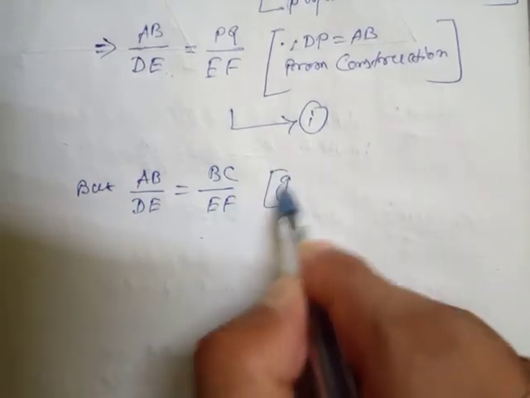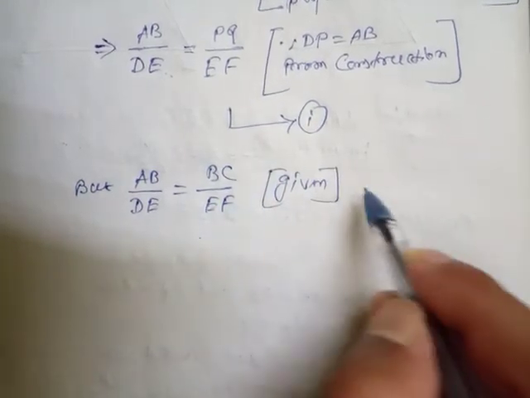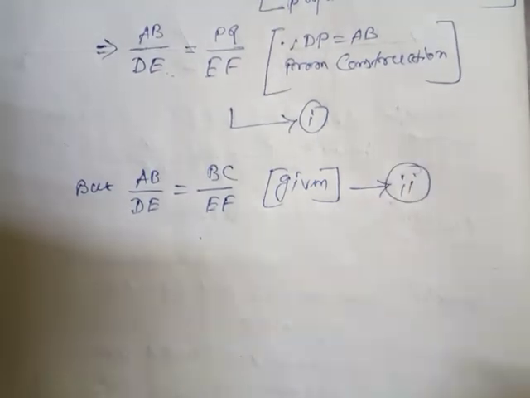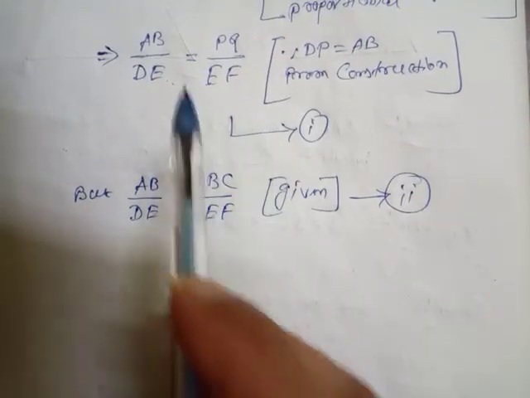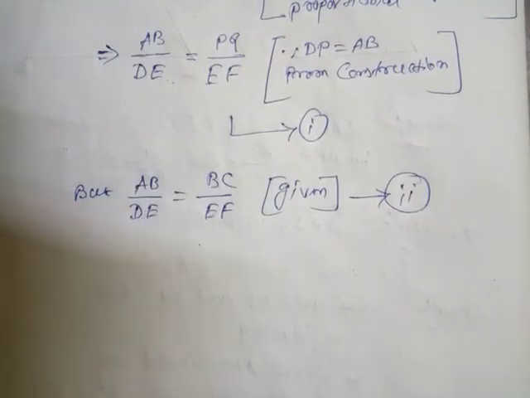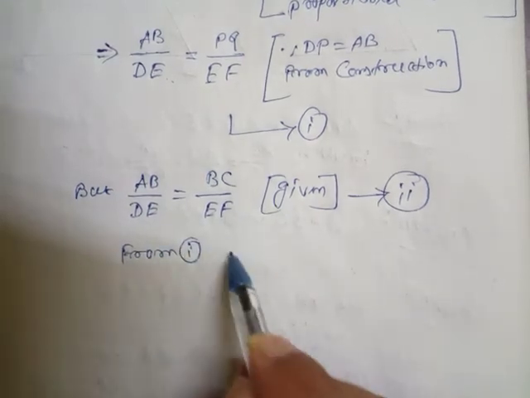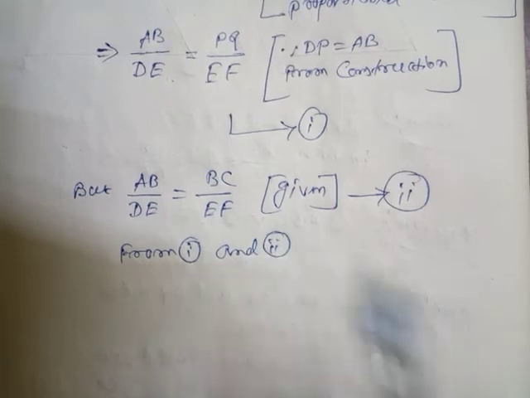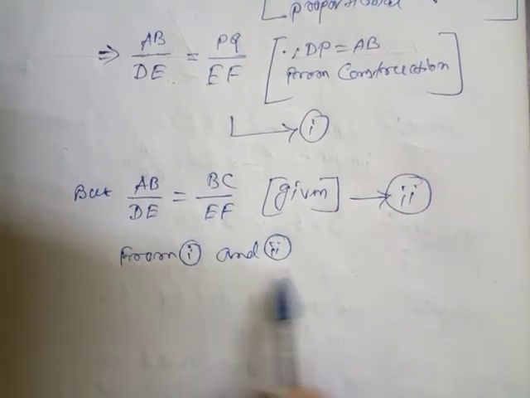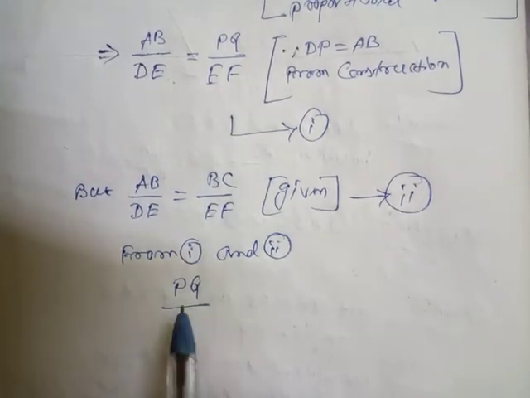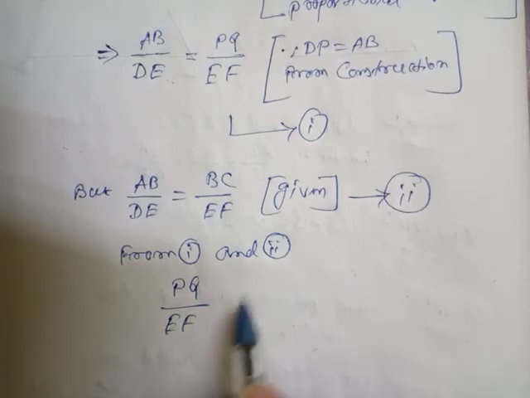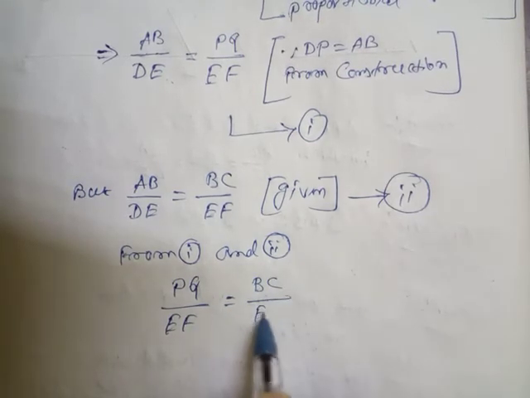This is the given part, our equation number 2. Now from 1 and 2, which part is common? AB by DE is common. So we'll write here that from 1 and 2, PQ by EF and BC by EF.